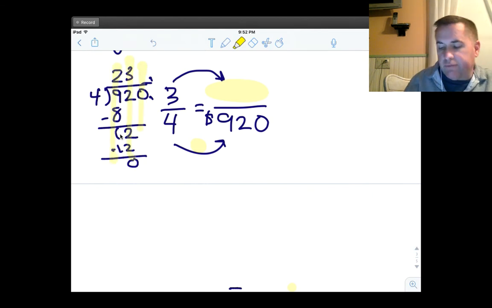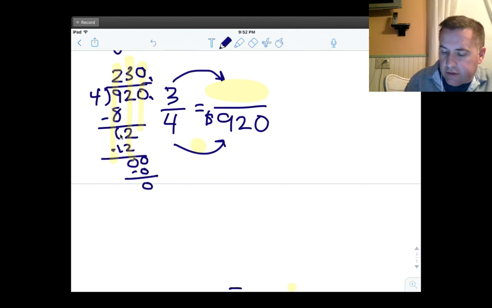Everything should line up vertically on our place values. As we divide, we move left to right. So bring down this other 0. 4 goes into 0 0 times, and subtract. We really shouldn't look at this and say it's 23, because it doesn't make sense. 4 times 23 is not 920. So make sure that we divide correctly.